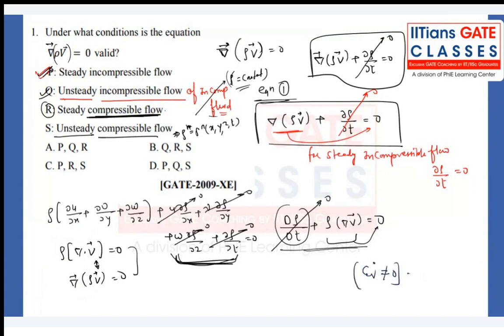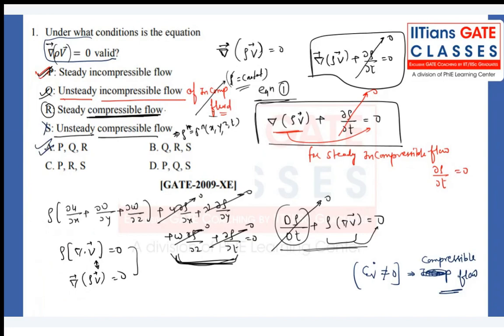Sorry, that is a compressible flow. So we cannot write this equation comfortably. So this is incorrect. So P, Q, R will be correct. Option A is correct. Any doubt?